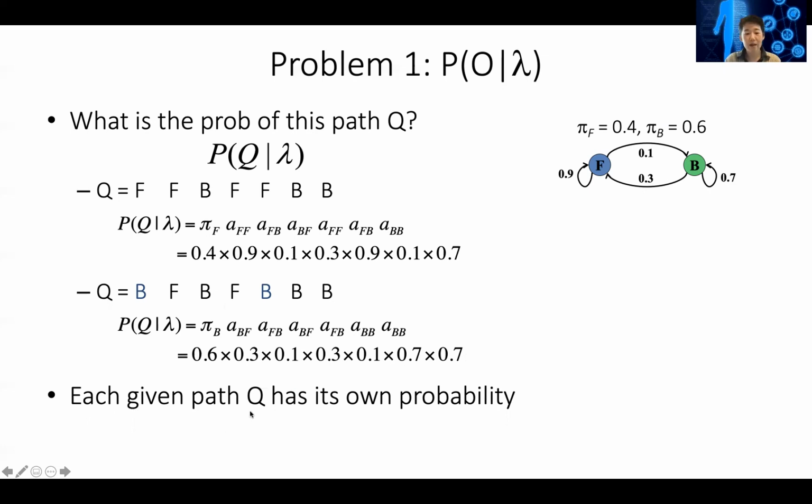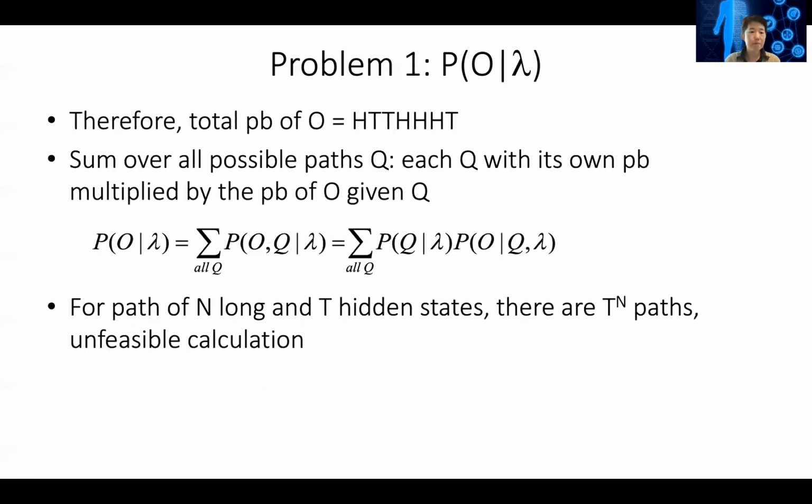Every given path has its own probability of occurring, knowing the hidden Markov model parameters. Therefore, the probability of seeing this particular coin flip order is to sum over all the possible paths. Every path has its own probability of happening, multiplied by the probability that on this path, you are going to give out this particular coin flip, right?